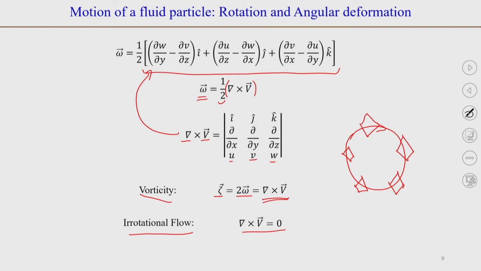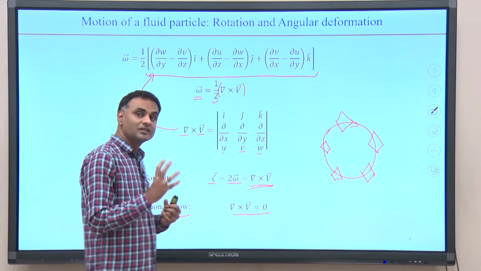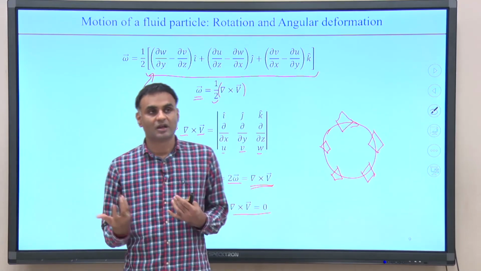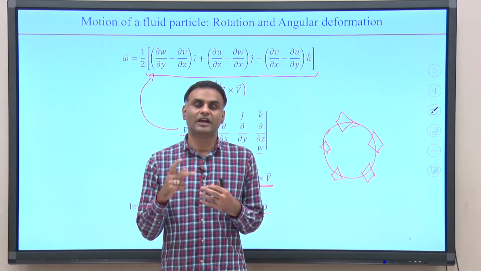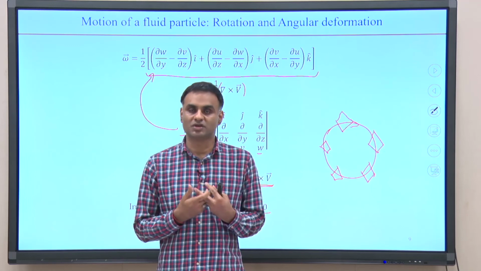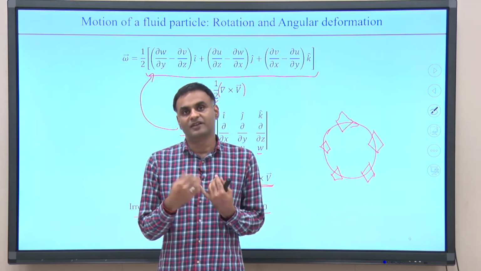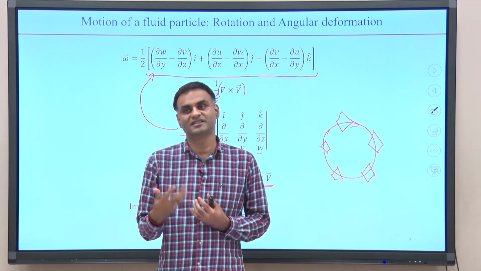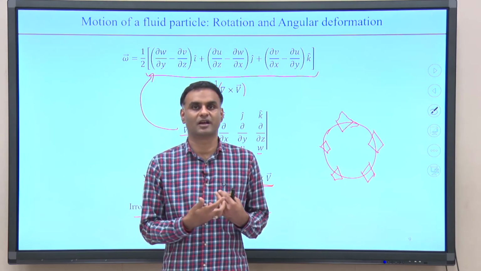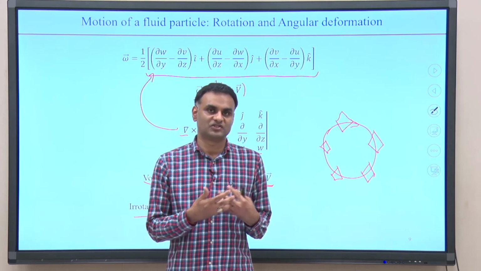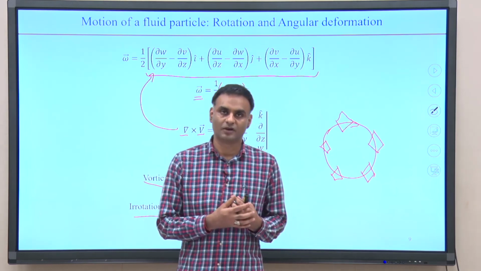Now, what can cause the fluid element to rotate? The fluid element can rotate because of two reasons. One, if it is rotating initially, then the fluid element may keep rotating, so it will be a rotating fluid.